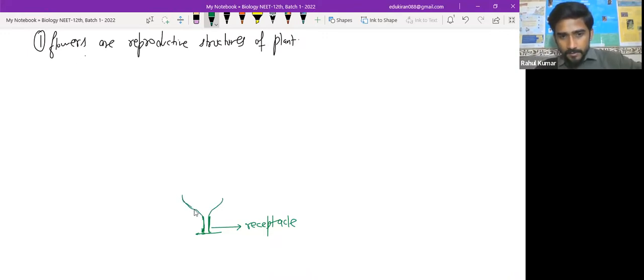Can anyone tell me what this structure is? And it then has some green leaves also on all the sides. What do you think this structure is?